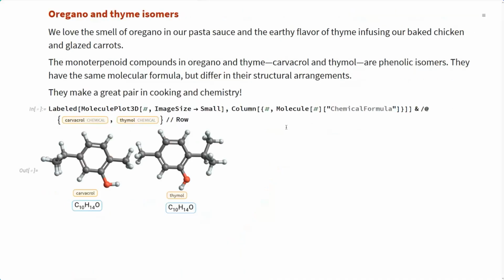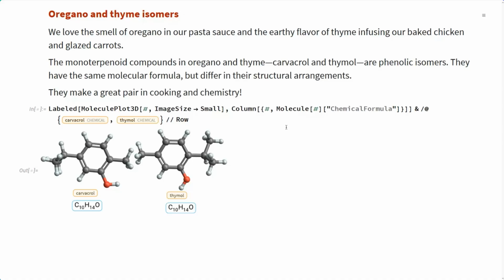I want to talk about oregano and thyme. We love oregano in our pastas, thyme in our chicken, fantastic flavors and aromas. And the monoterpenoid compounds in oregano and thyme, called carvacrol and thymol, are isomers, which means that, as you can see, they have the same molecular formula, but they differ in their structural arrangements.